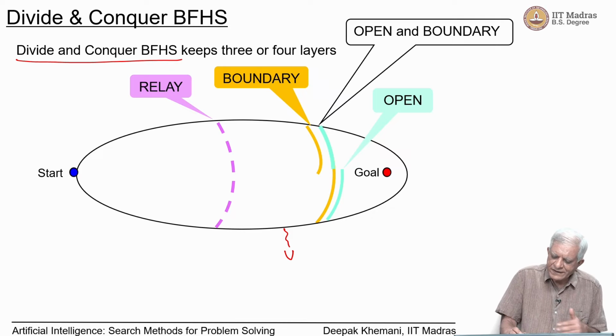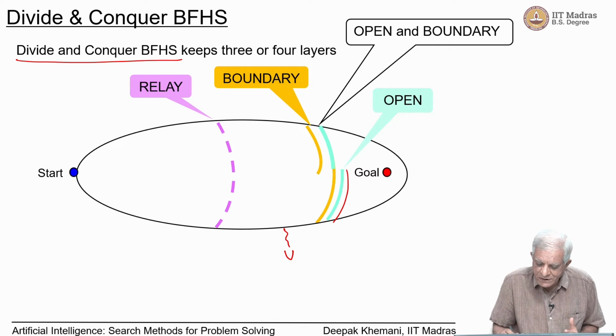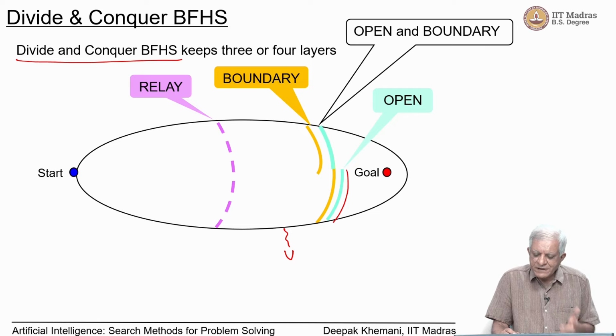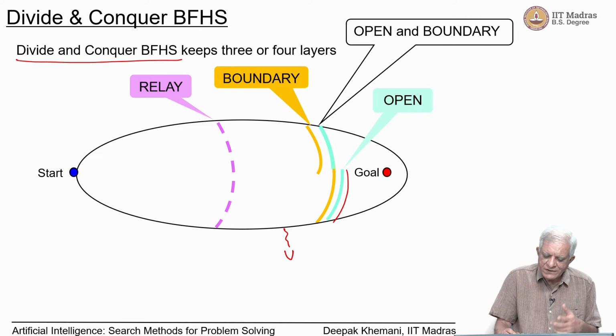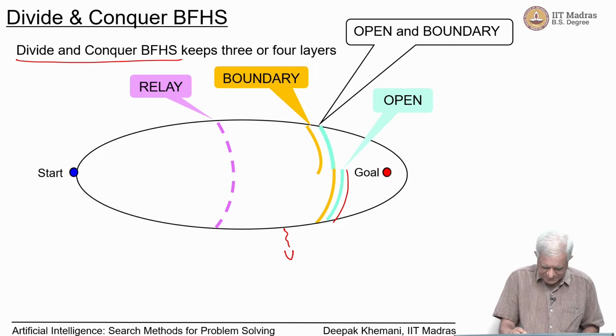In their style of smart memory graph search, it maintains a list of open nodes and a list of boundary nodes. The open nodes are in green or cyan and the boundary nodes are in yellow. But because we need to reconstruct the path, it also maintains one or more relay layers essentially. So, that is divide and conquer breadth first heuristic search essentially.